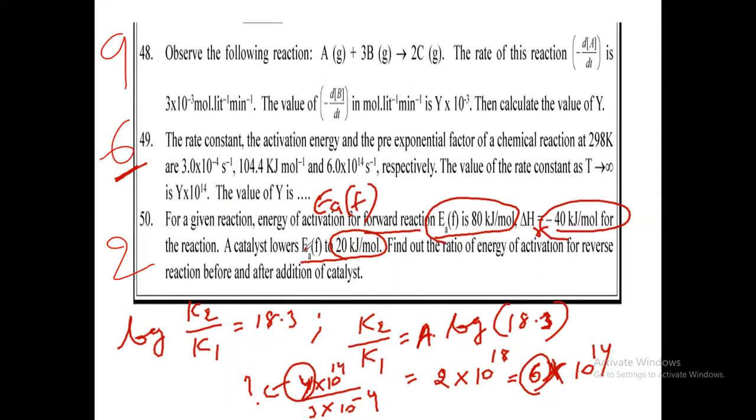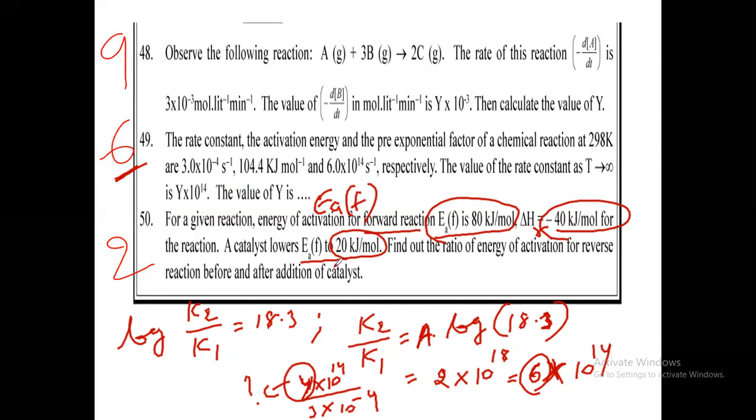That point we know. Initially, the activation energy for the forward reaction is 80, and finally, in the presence of catalyst, it is 20. So how much is lowered? 80 minus 20, that is 60. The activation energy for the forward reaction is lowered by 60 kilojoules in the presence of catalyst. Whenever the activation energy for the forward reaction is lowered by 60, the activation energy for the backward reaction must also be lowered by 60.